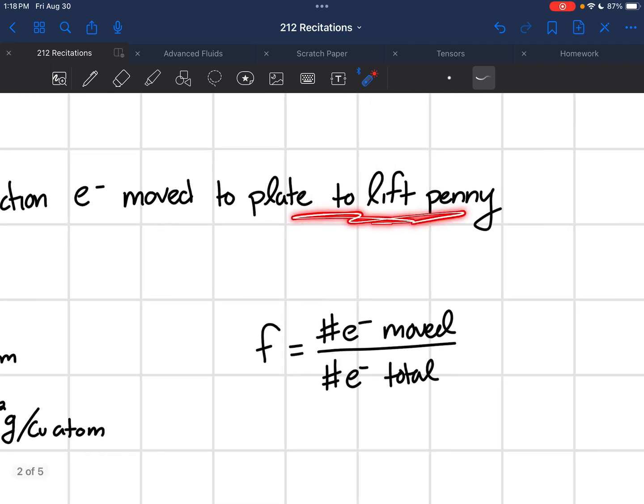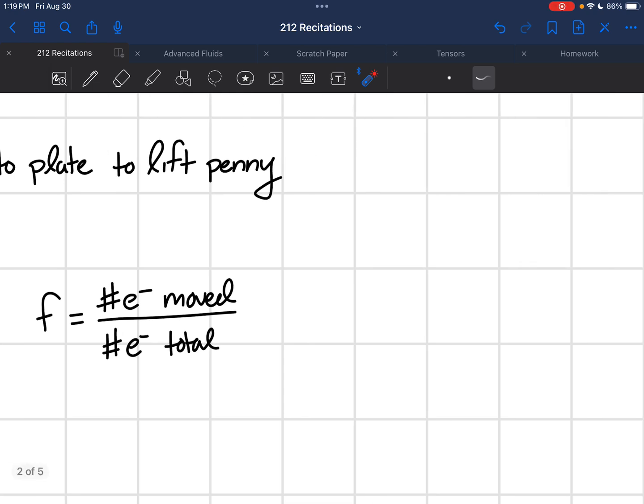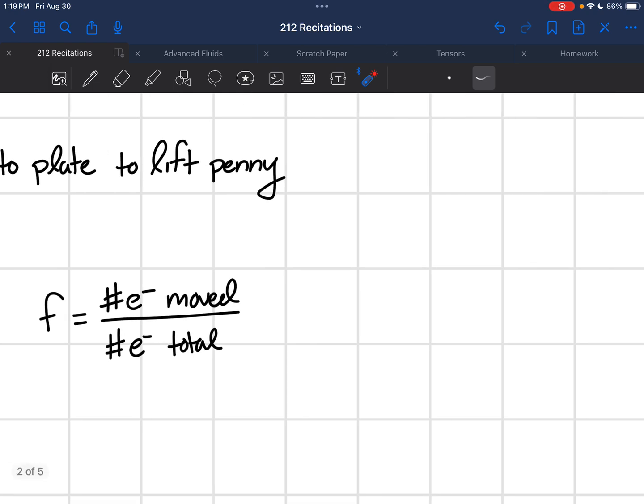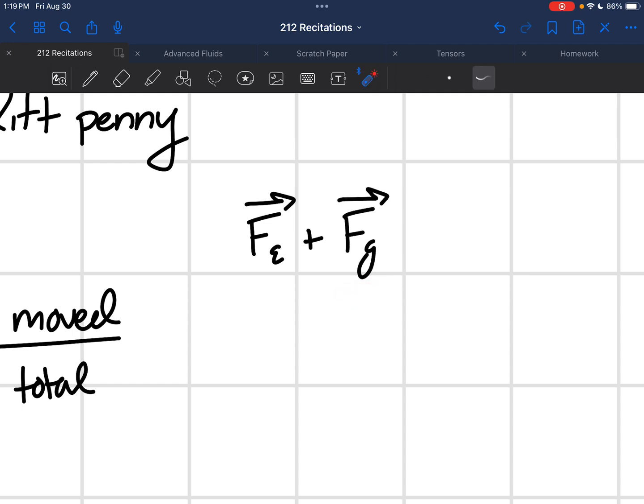Well, in order to lift the penny, in order to lift anything, I need some force to overcome the force of gravity. So if I'm thinking about how many electrons I need in order to just barely be able to lift the penny, then I'm going to say that my electric force and my force of gravity, that has to equal 0.